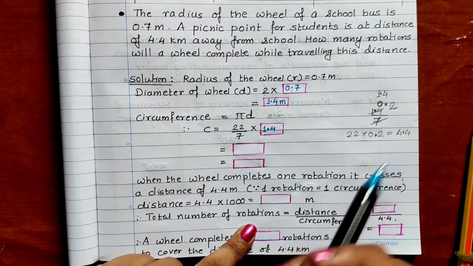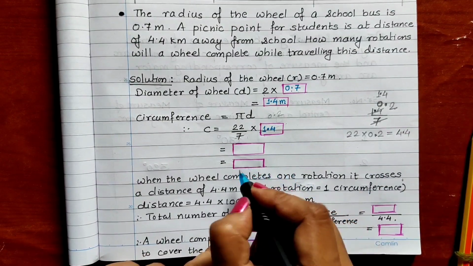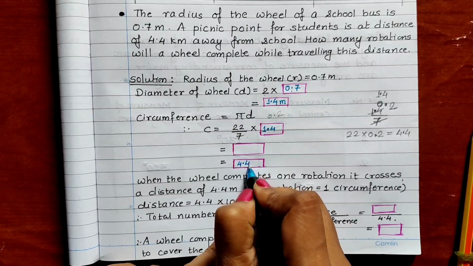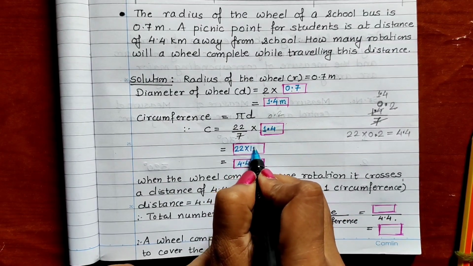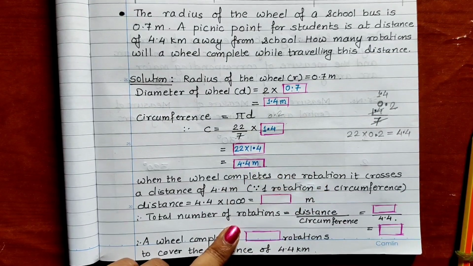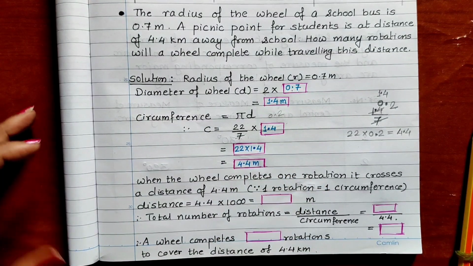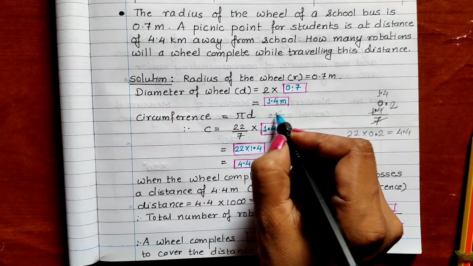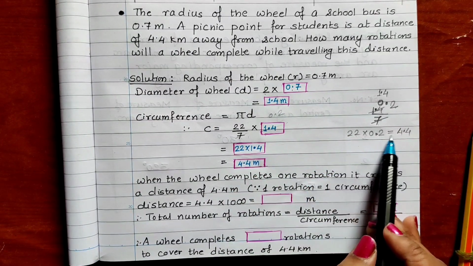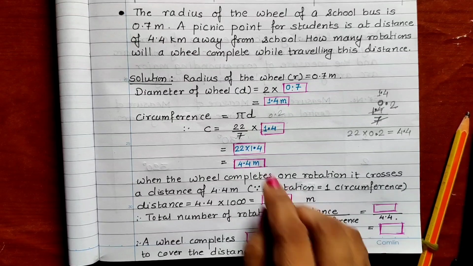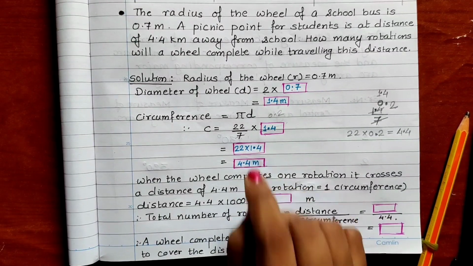So answer is 4.4 meter. Here what should I write? 22 into 0.2. After cancellation what do we get here? 0.2. And 22 into 0.2 we got 4.4. So here I have to write 0.2.